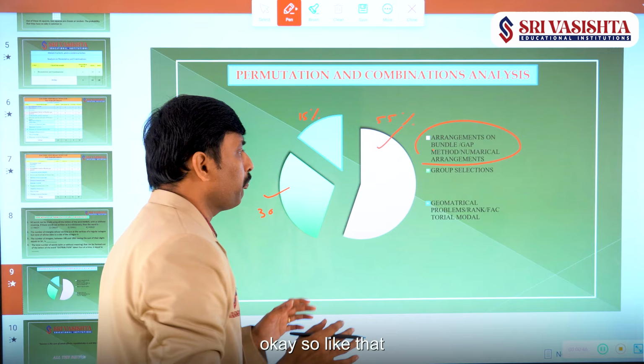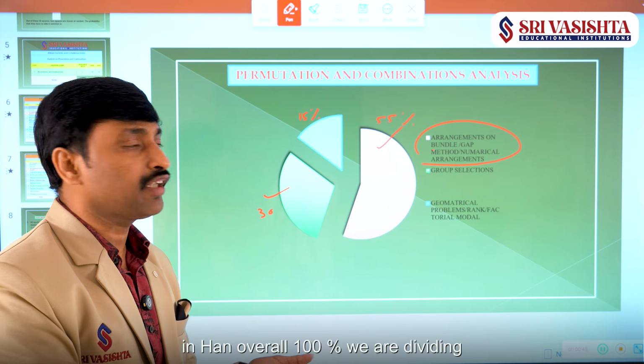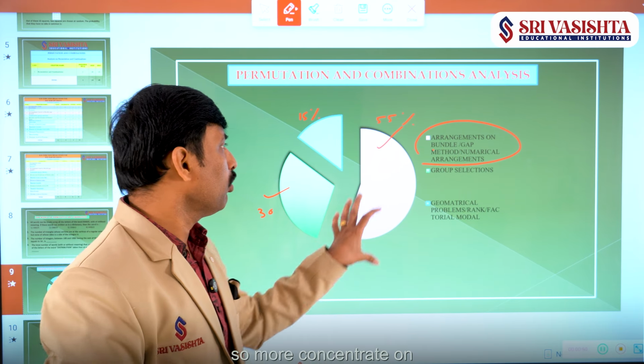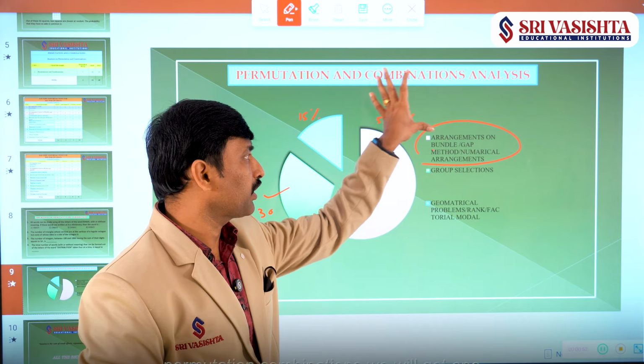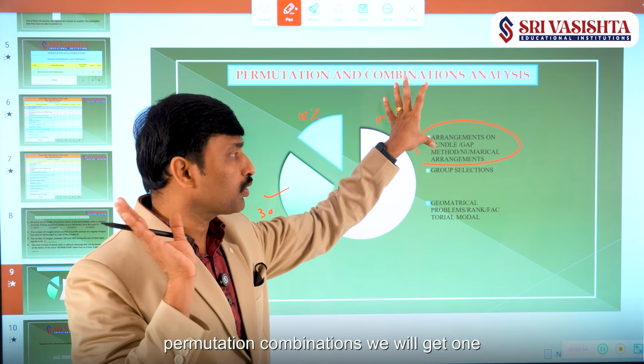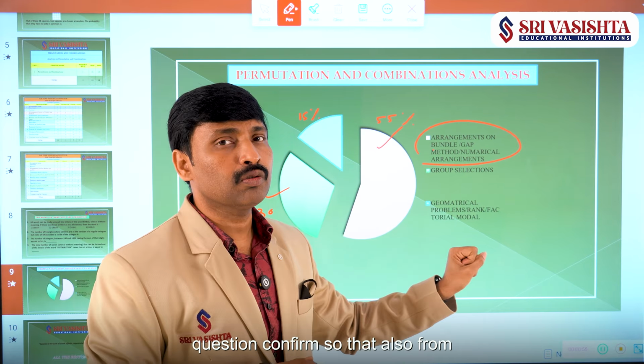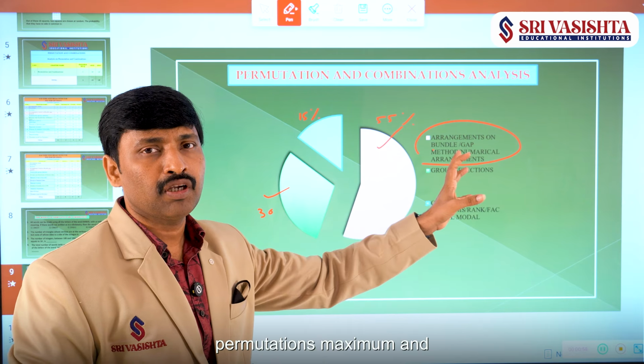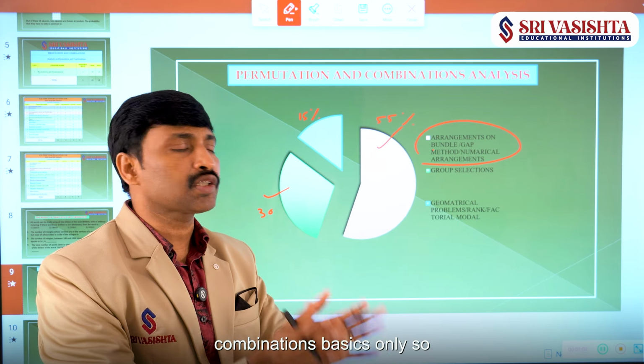So in overall 100% we are dividing like that. Concentrate more on permutations and combinations and we will get one question confirmed, mostly from permutations and the basics of combinations.